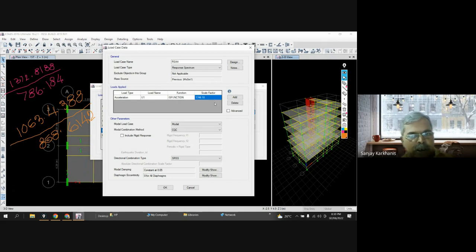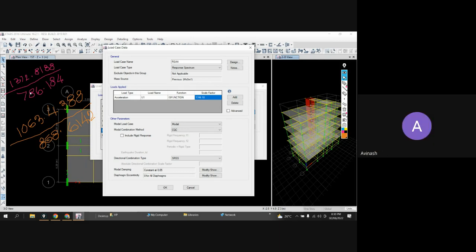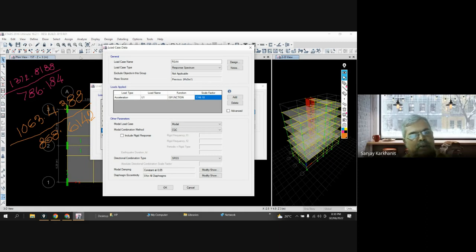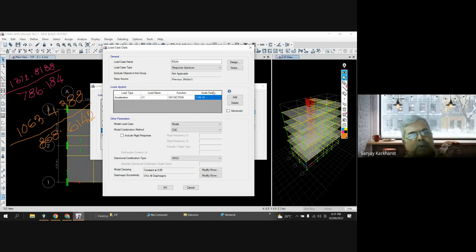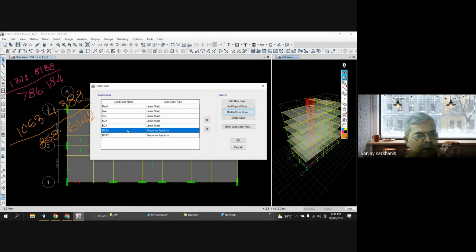So you are getting 1746.18. Sir, this ratio is multiplied by 1000, because originally you have used 1000, right? So the scale factor you are getting is 1746.818, that is for spectra in X direction.